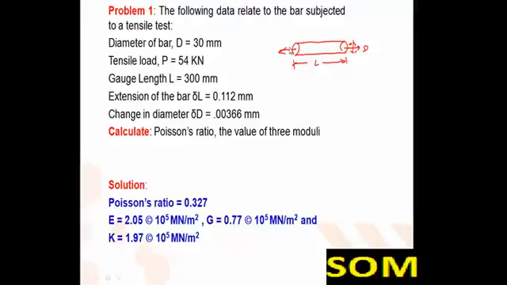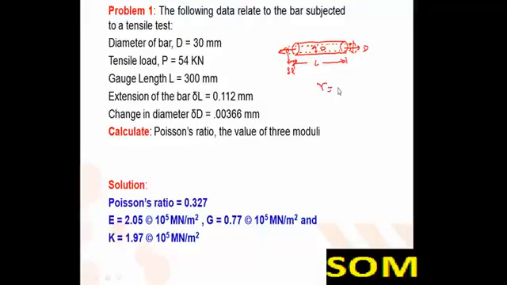Then it will deform to this shape, the diameter shortens, and delta L is the increase in length. The diameter of the bar is 30 mm, load is 54 kN, gauge length is 300 mm, delta L is 0.112 mm, delta D is 0.00366 mm. We have to compute the Poisson ratio.